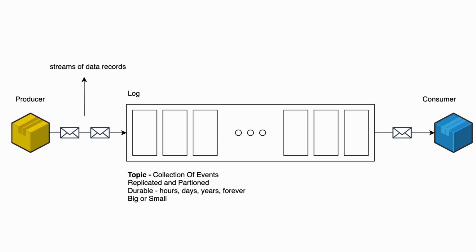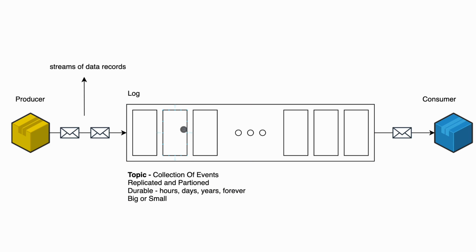Now, in contrast to a message queue such as RabbitMQ, a topic in here you can think of as a log. If you've done any Java using log4j, storing logs to a log file, this is the exact same concept. Data going into the log can be kept for hours, days, years, or even forever.